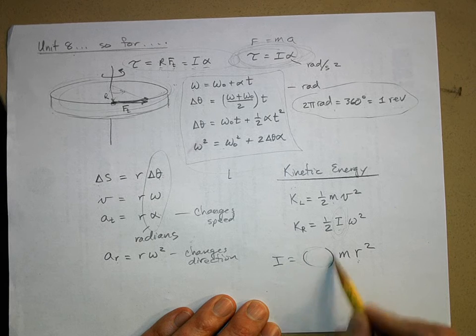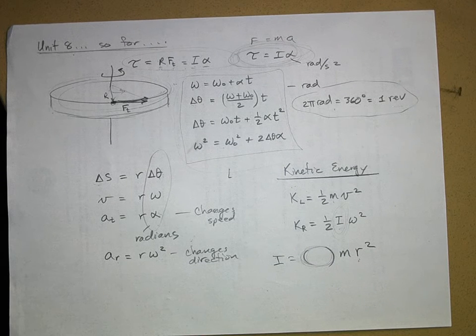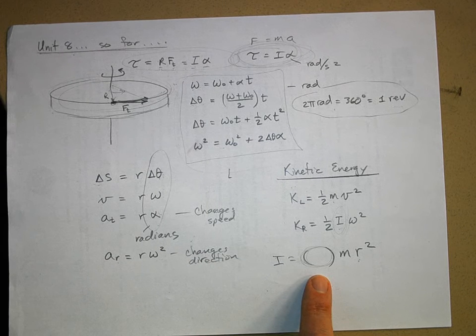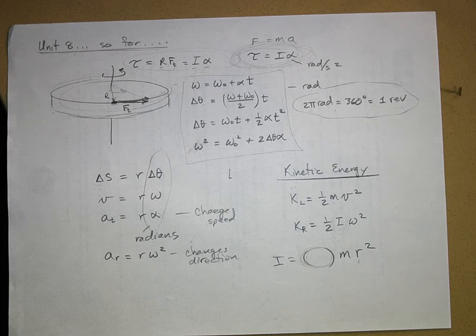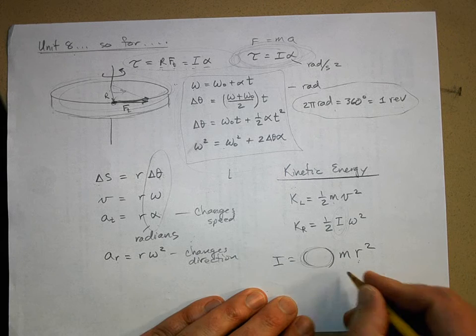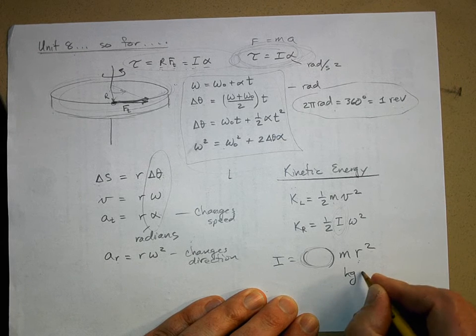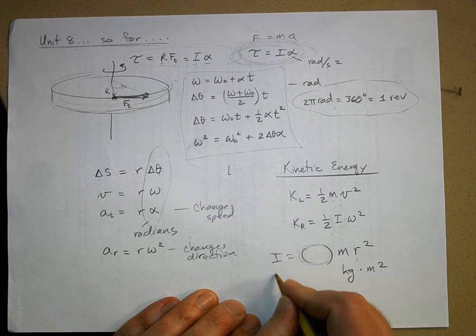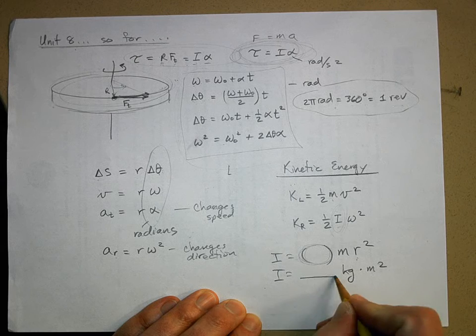What goes in front depends on the object. In AP Physics C, we actually go through the calculus to determine what that fraction should be. In this class, we don't use calculus, so it's just derived for you. It's in the book. But it always has units of kilograms times meter squared. I will always be some number times kilogram meter squared.